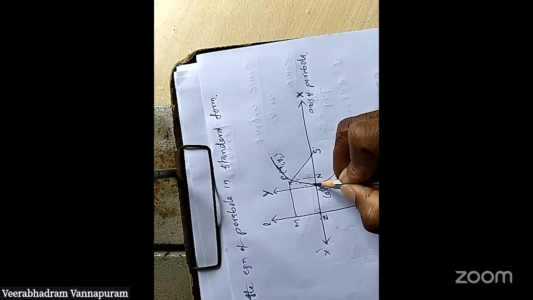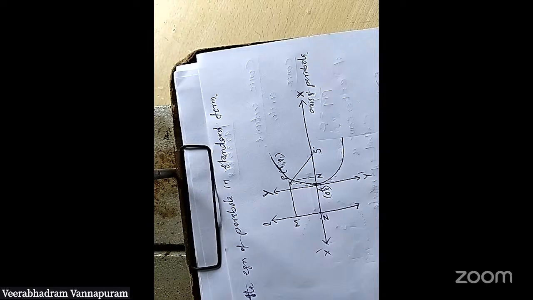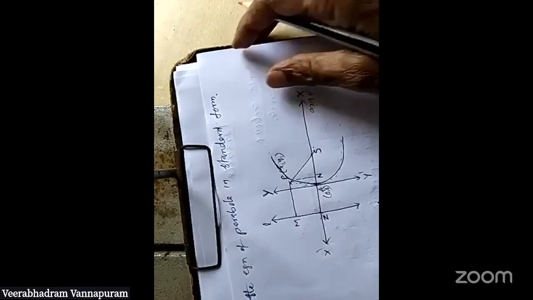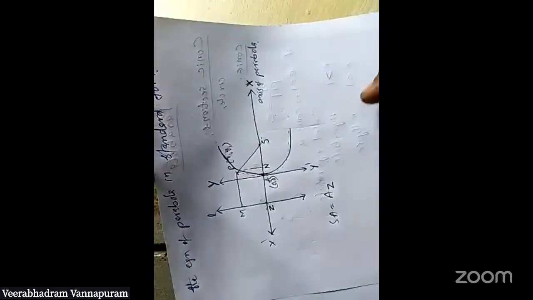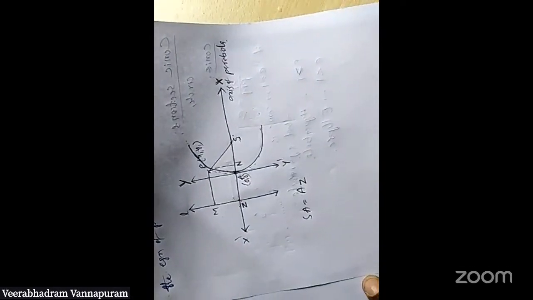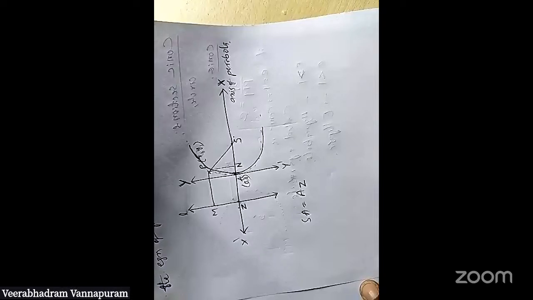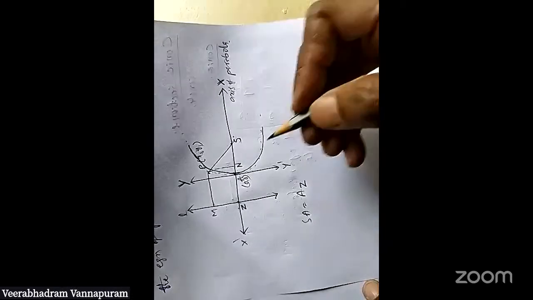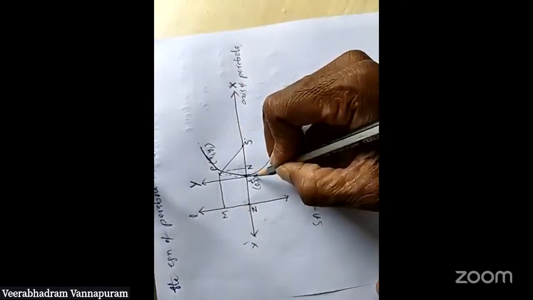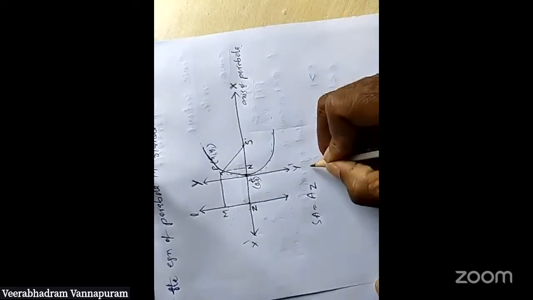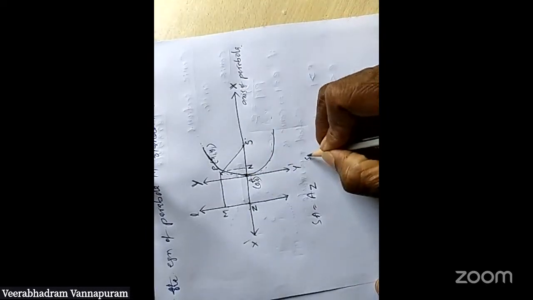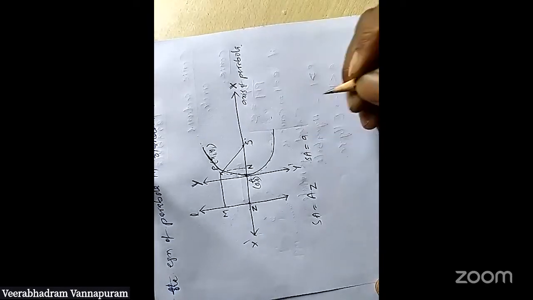Since A is the midpoint of SZ, we have SA equal to AZ. Let the distance of A from S be small a, that is SA is equal to small a.